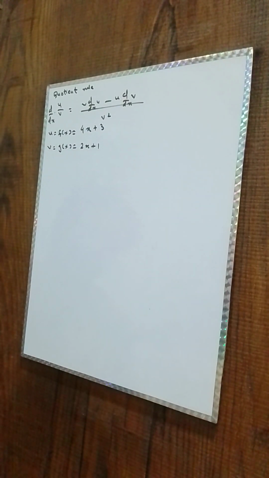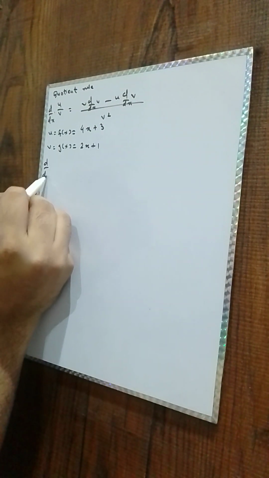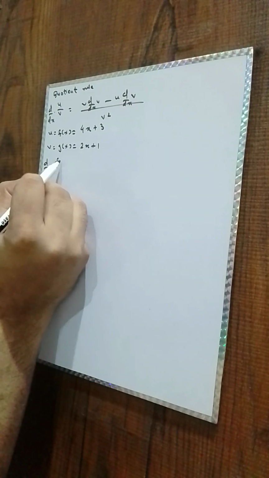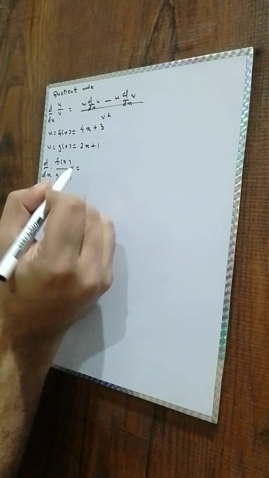So these are the two functions, and they're in the form of a fraction u by v, which means we have a form d by dx of f of x by g of x.